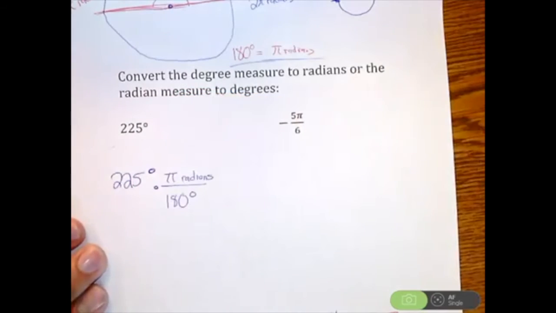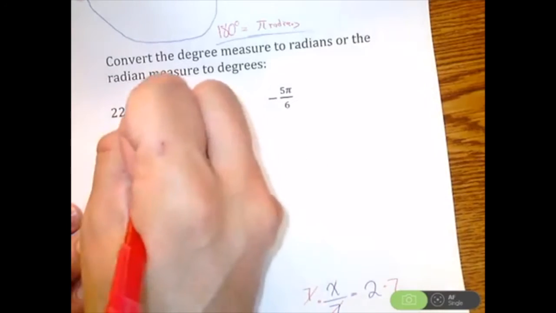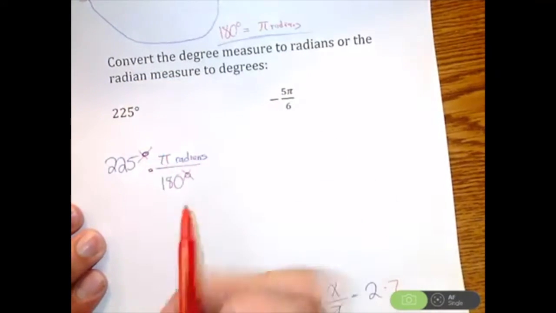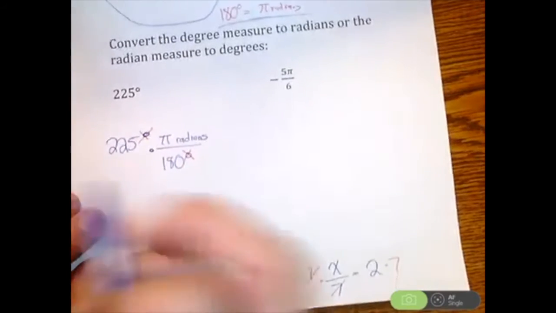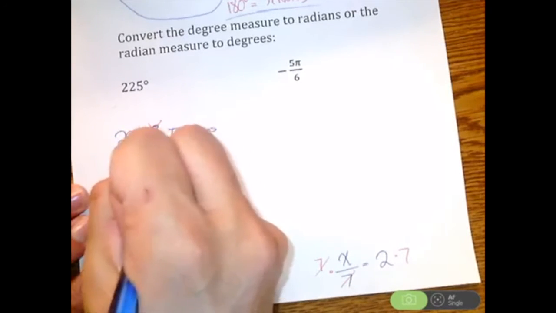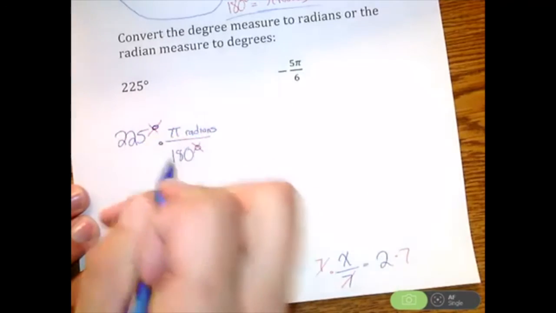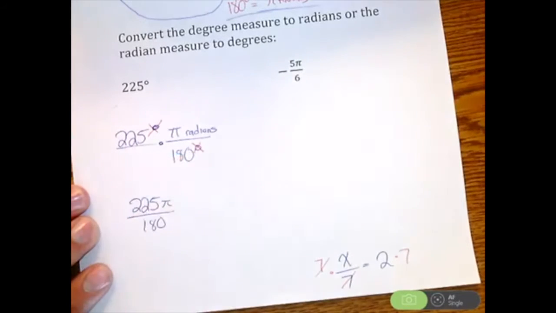And the reason we can do this is I have this degree symbol in the numerator, the top, as well as in the bottom, the denominator. When you have that, they cancel out. So multiplying this together, 225 times pi would be 225 pi. And in my denominator here, I just have a 180.